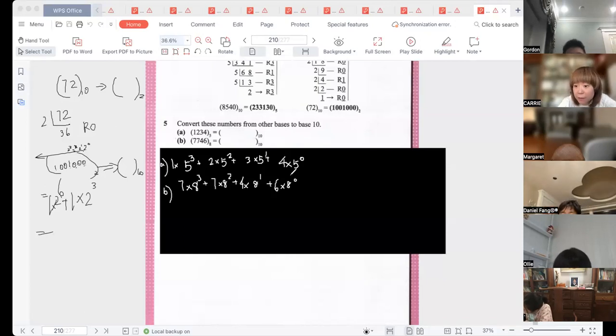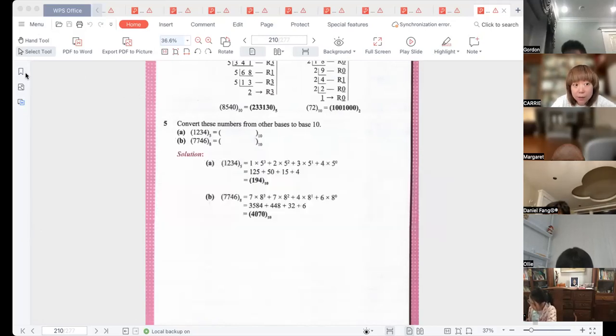Correct, everybody? Okay, everybody understand? Yeah. Okay, so we can calculate it later, okay? Don't worry about it. Okay, so that's it.